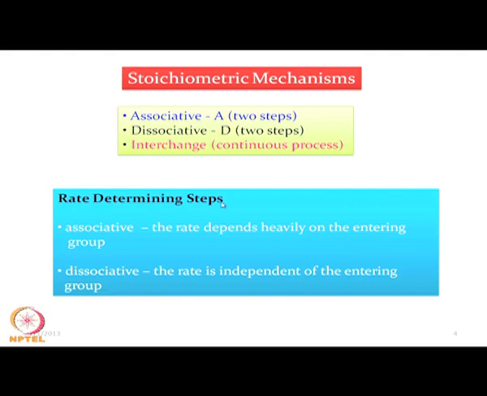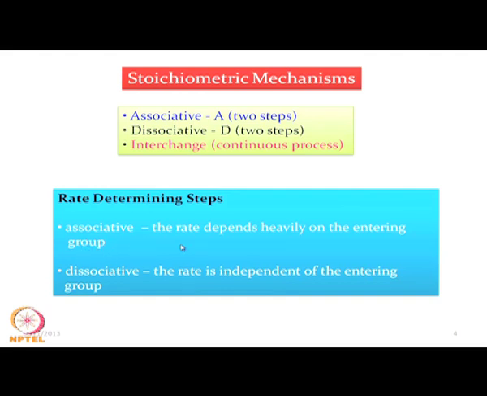So, the rate determining steps are very important. How can we find out from the rate law? In case of associative mechanism, the rate depends heavily on the entering group. The group which is entering, the rate is dependent on its concentration. That means, the ligand which is coming up is being associated to the metal complex, giving a coordinated intermediate, or after dissociation it is coming and attaching to the metal center.